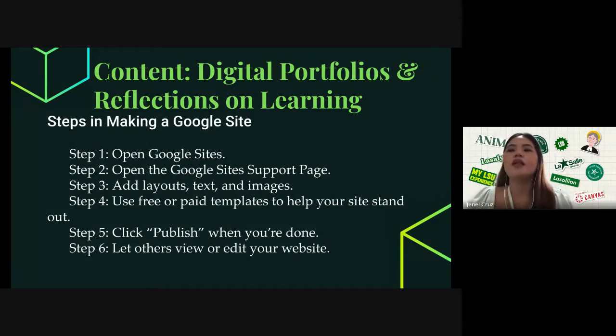Say, for example, this sample e-portfolio that I presented to you, I titled it with the URL sites.google.com/zone tech zone 21-22. So you can actually create your own name of your link or your own name of your URL for your sites. And those are the 6 steps.